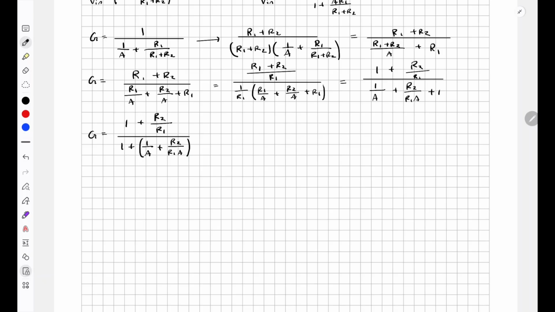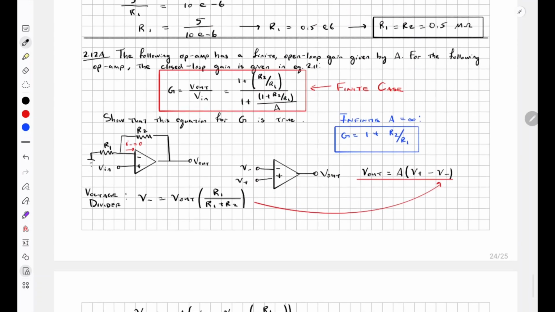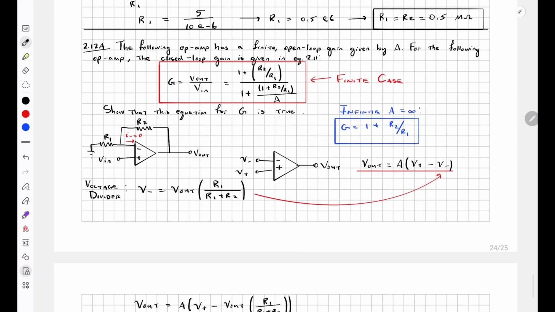So now we can see we can distribute out the 1 divided by A, so now it's the same as the numerator. So now it's 1 plus R2 over R1. Yeah, and this is the final answer.